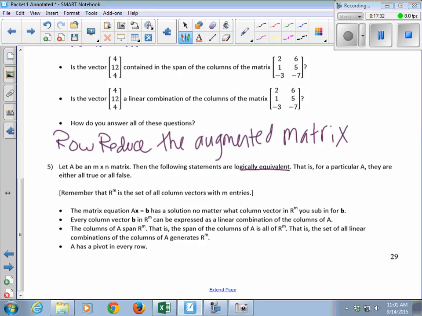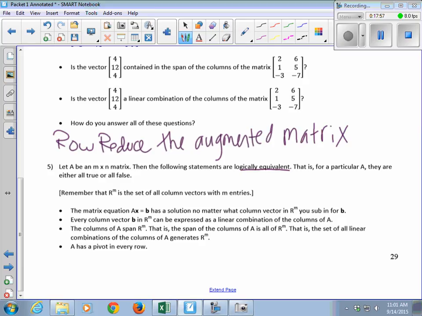So these are, does the matrix equation AX equals B have a solution no matter what B you put in there? That's one question. Every column vector B can be expressed as a linear combination of the columns of A. Equivalent statement. The columns of A span Rm. That means that the span of the columns of A is all of Rm.